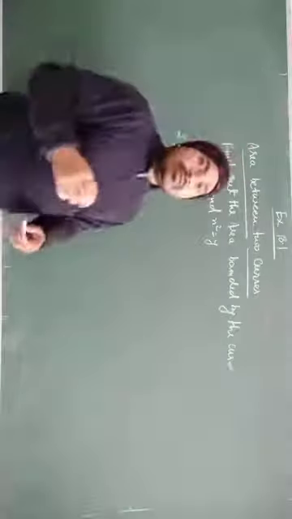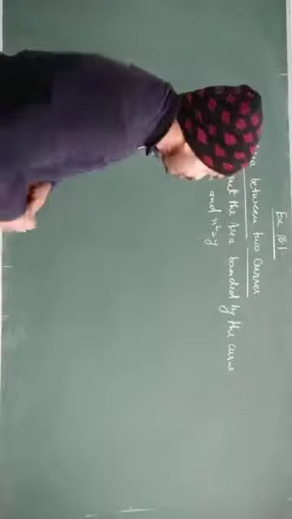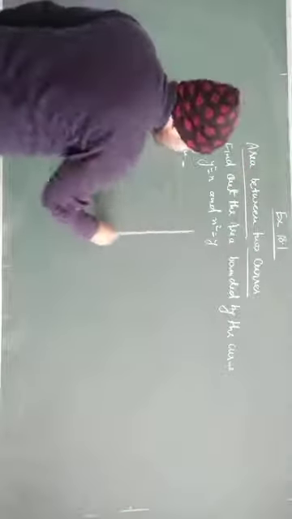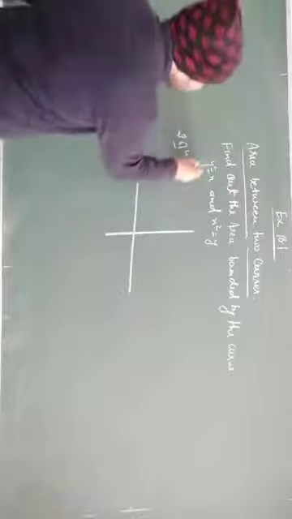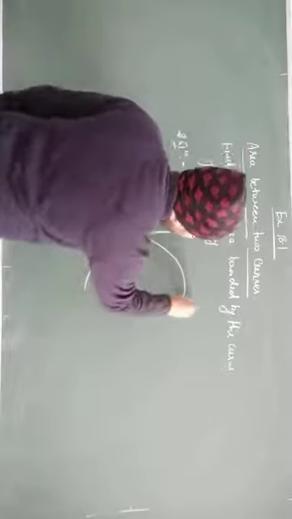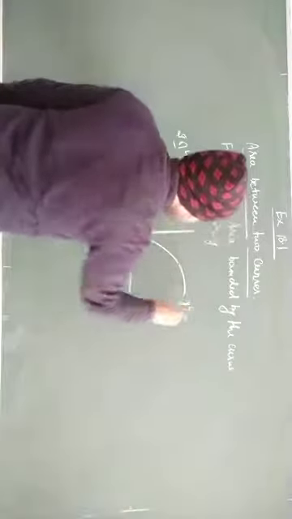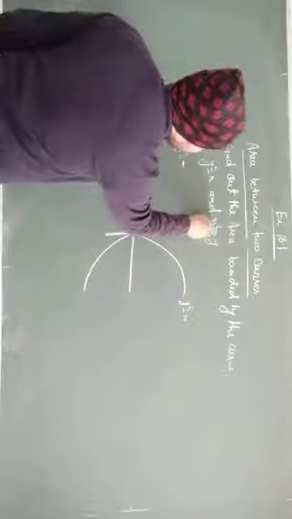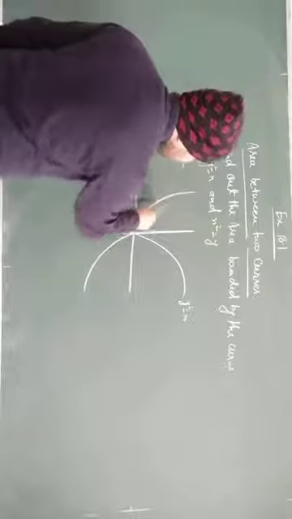So first of all, try to find out the limit points of these curves. Draw the curve. For positive and negative values of y, x is positive. This curve is y square is equal to x. And for the negative and positive value of x, y is positive, so this curve indicated this.